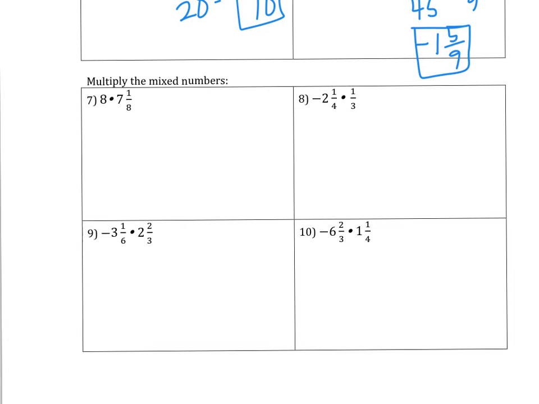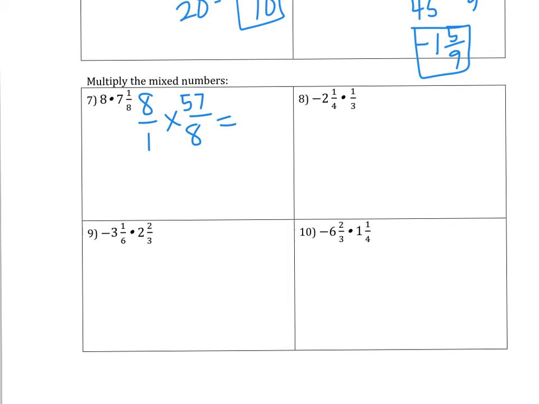Now we're going to multiply the mixed numbers. So I have 8 times 7 1/8, so that is the same as 8/1 times, and I'm turning 7 1/8 into an improper fraction, and that is going to be 57/8.